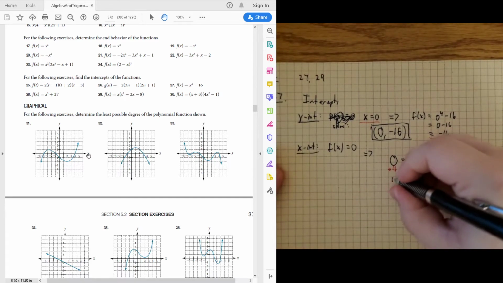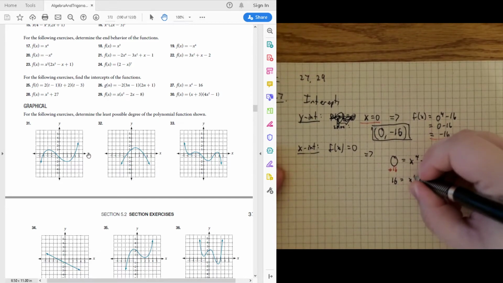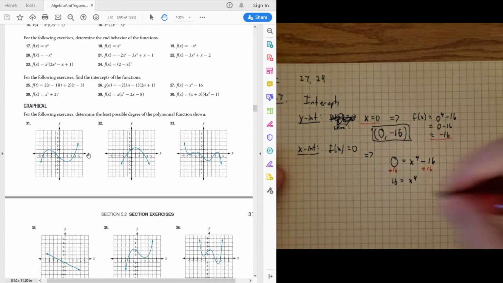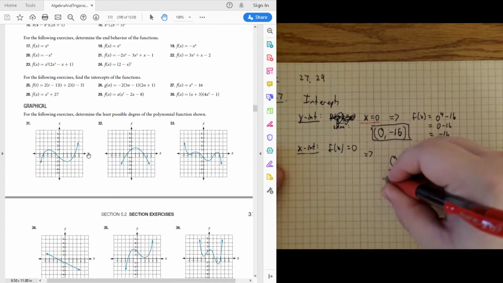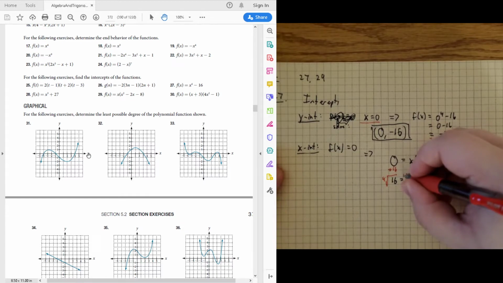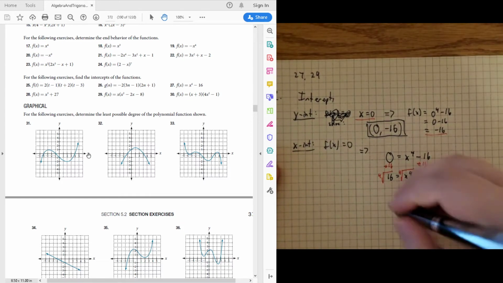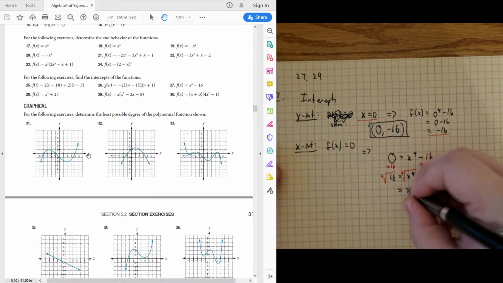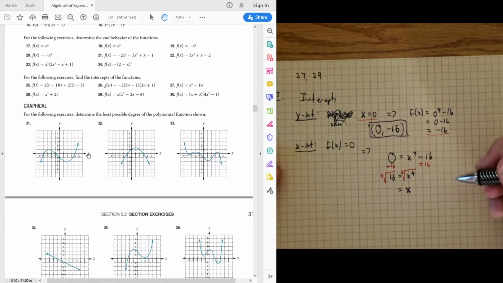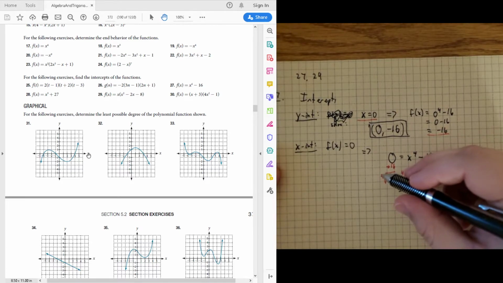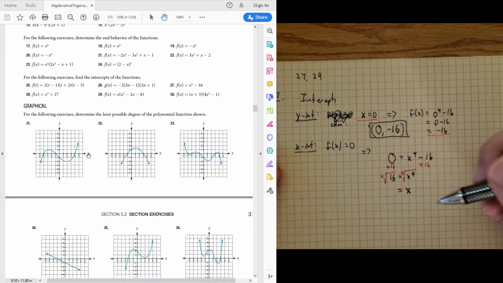When I do, I get 16 equals x to the fourth. And now, I'm going to take a fourth root on both sides. So, on the right-hand side, we're going to end up with x by itself.